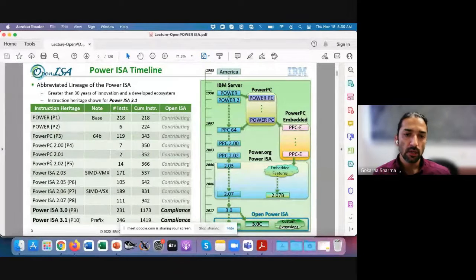So if you look here, you have IBM server, so around 1999 Power, and then you have PowerPC embedded. For embedded computing, there are different ones.